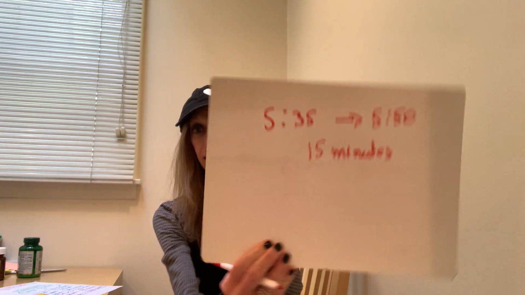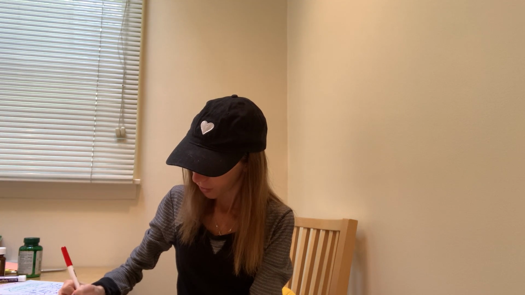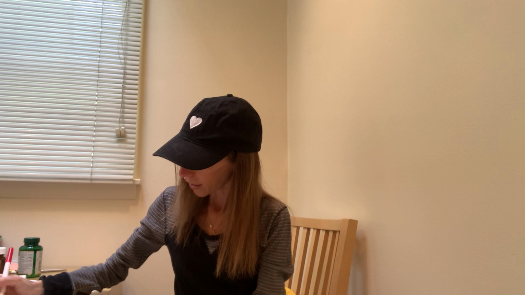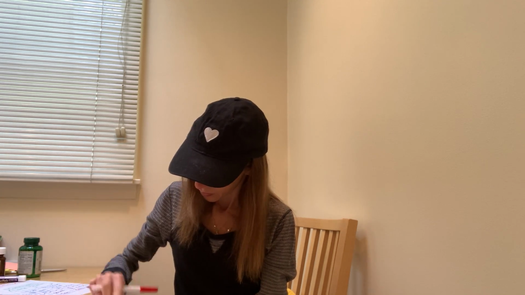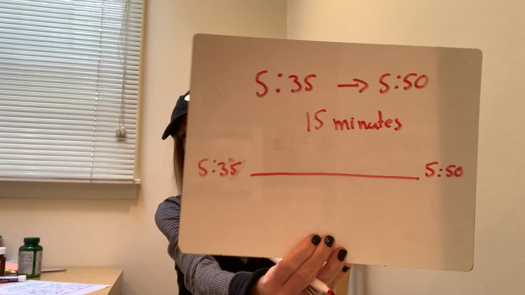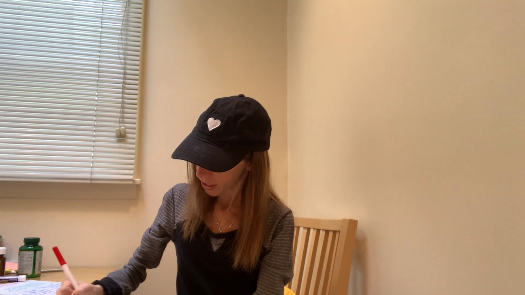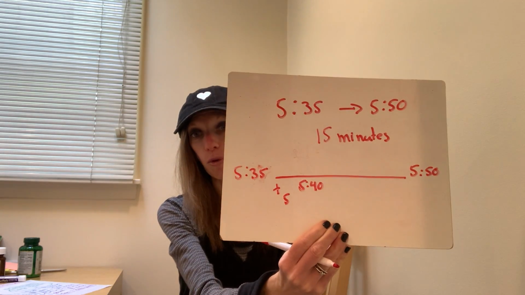Now, I'm going to show you, you can still use a number line today if you're having trouble with the clock. But instead of skip counting by 10 today, we're doing it by 5s. So I'll set up my number line, starting at 5:35 and ending at 5:50. And then we're just going to keep adding 5 minutes. Plus 5 is 5:40.